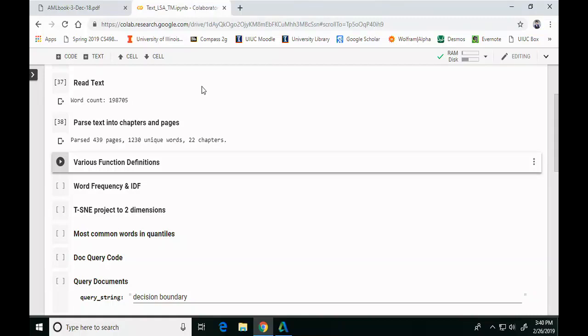There were 440 pages over the course of 22 chapters, and there were about 1,200 unique words after I got rid of lots of garbage and the stop words. Basically, I kept any word that was 3 characters or longer, got rid of all the stop words, and did all that sort of stuff.